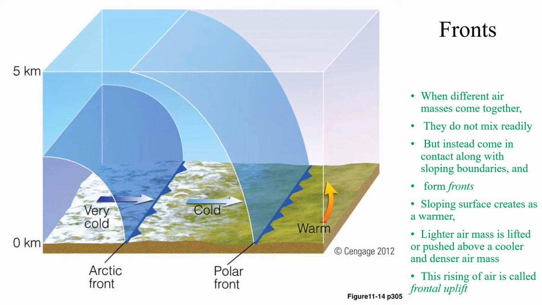The Arctic front, which separates cold air from extremely cold Arctic air, is shallower than the polar front and only extends upward to an altitude of 1 to 2 kilometers. So we will be talking further about fronts that have horizontal and vertical extent.